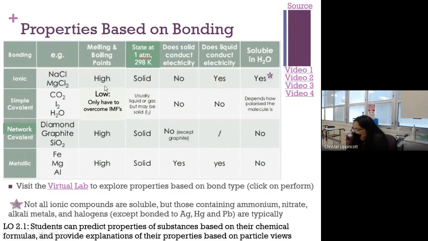They tend to have very high boiling points. They're solids at room temperature. We collectively refer to these oftentimes as salts. As a solid, it does not conduct electricity, but as a liquid, since they're soluble, they break up into charged ions, and as a liquid, then they're going to conduct electricity.